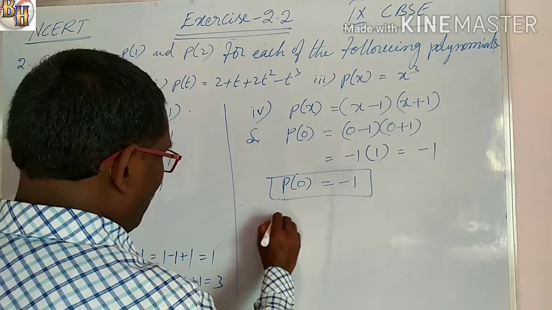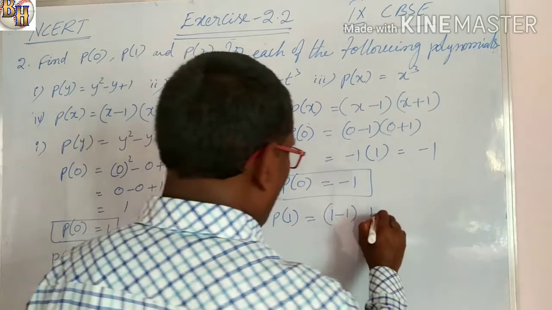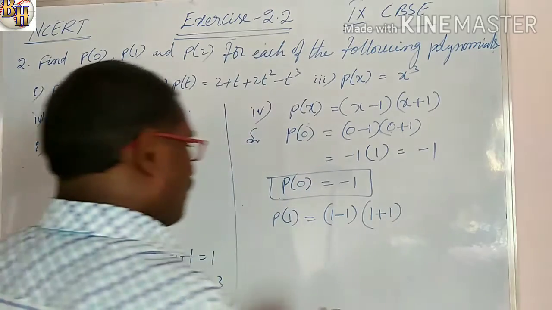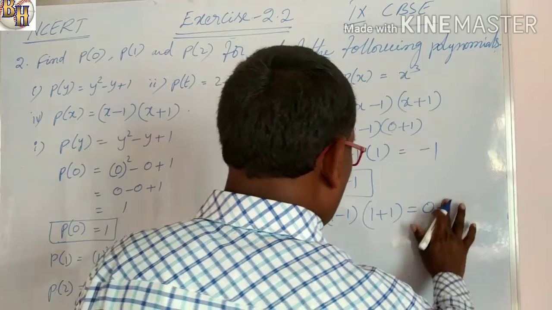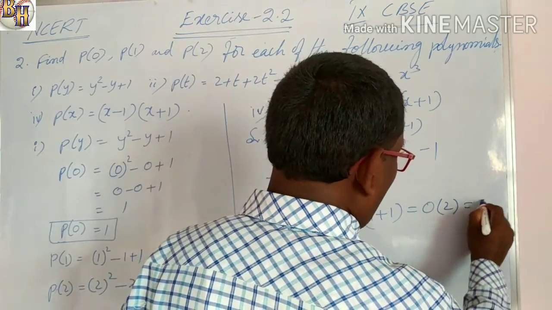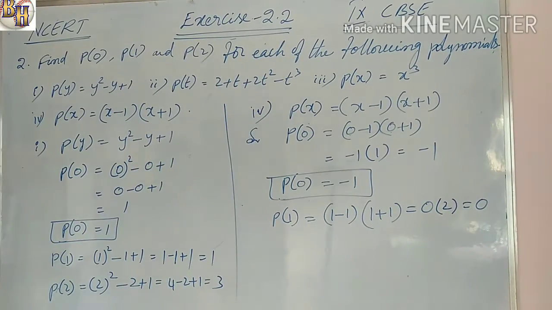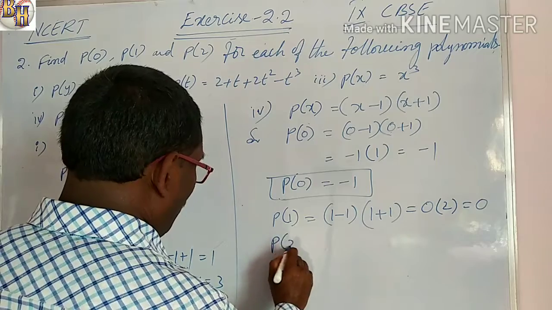Again, P of 1 find out. P of 1 is equal to 1 minus 1 into 1 plus 1. 1 minus 1 how much? 0. 0 into 1 plus 1, 2. 0 into any number is equal to how much? 0. 0 into any number is equal to 0. Next, P of 2.